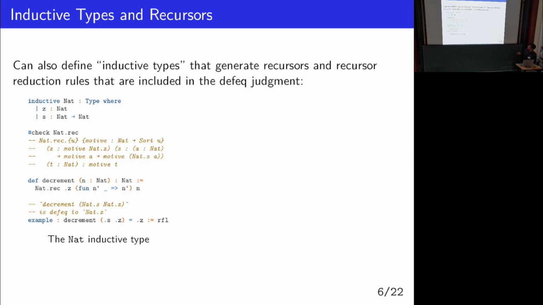And we can use this recursor function to, for example, define the decrement function. And we can see over here that based on the fact that we can apply reflexivity to prove that these sides are equal, we know that Lean is treating them as being definitionally equal. And that's due to the rule that Lean has for reducing this recursor.